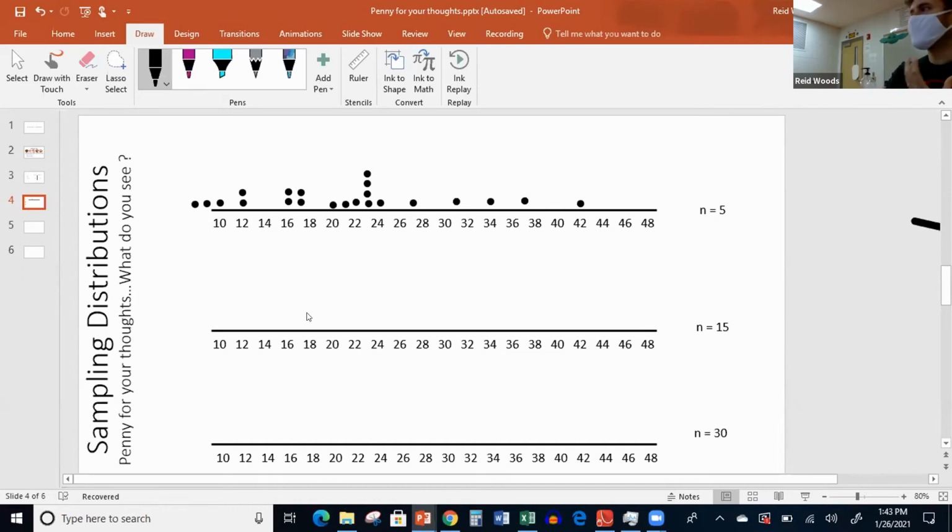Let's do samples of size 15. So we'll start back with Evan on this. So what are your 2? 31 and 27, okay? Go ahead, Madison. Okay. Braxton. Okay.